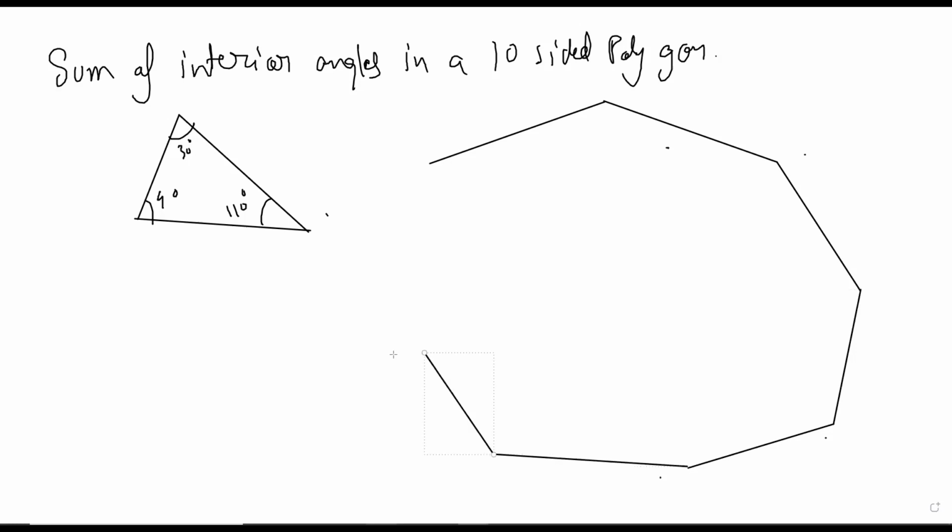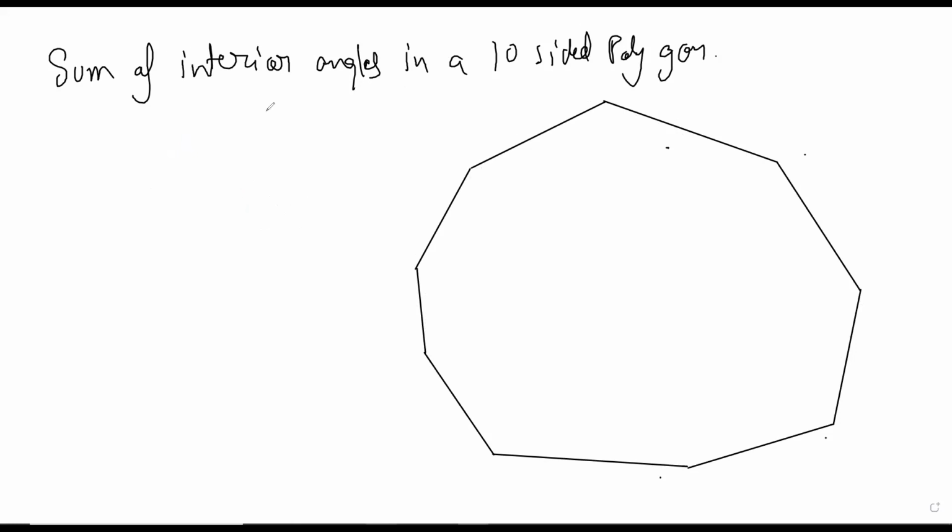So hopefully, this is 1, 2, 3, 4, in a 10-sided polygon. Let me just finish the figure. 1, 2, 3, 4, 6, 7, 8. So probably 9, and this would be 10. So maybe you can use the figure as a reference and use the triangles to explain what the answer will be and why.